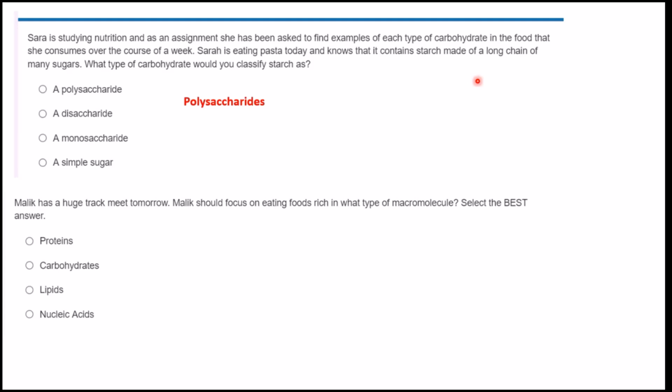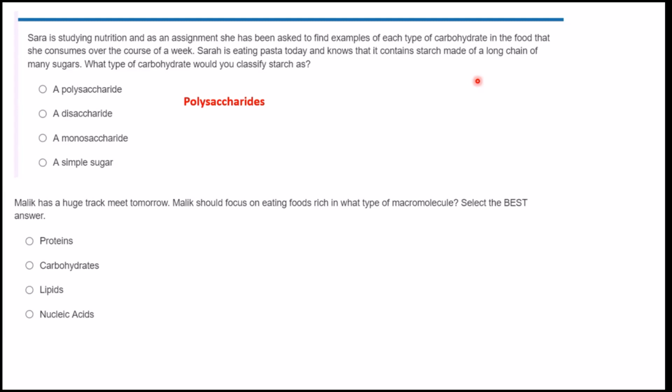Then there's Malik, who has a huge track meet tomorrow. Malik should focus on eating food rich in what type of macromolecule? Select the best answer. When they say select the best answer, several answers may seem right, but we just want to select the best answer.